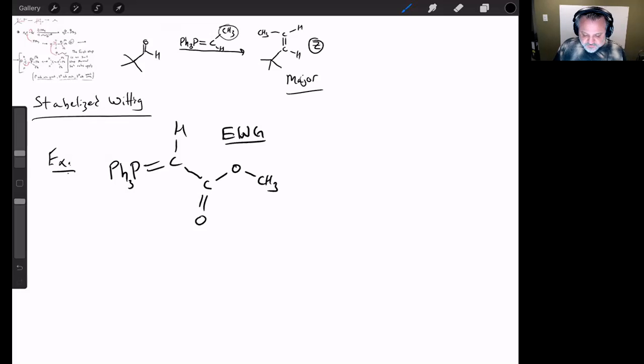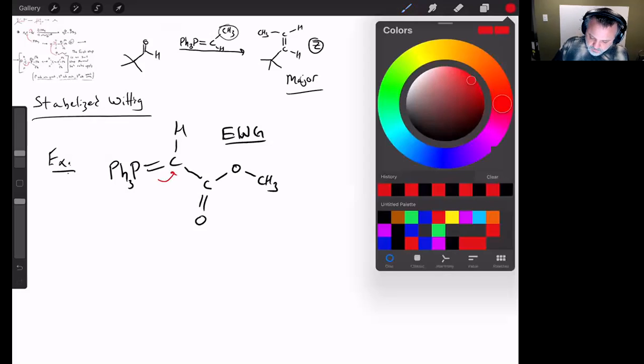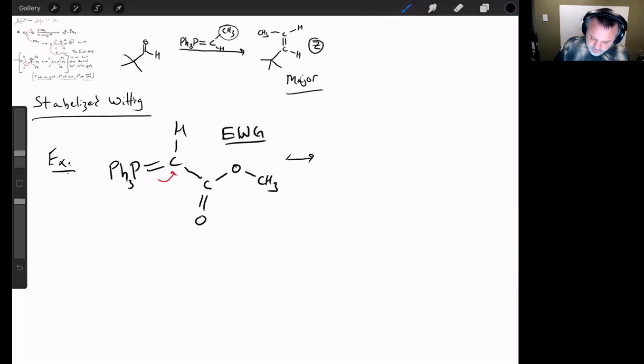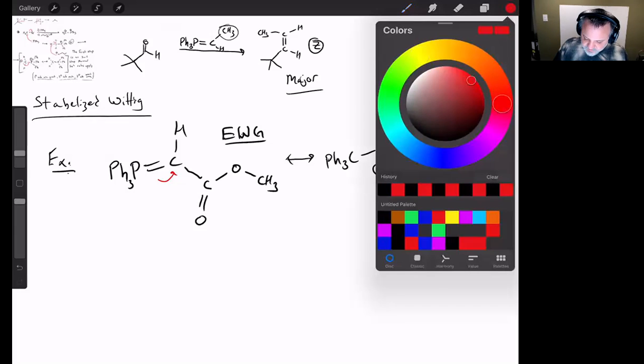If this group is attached to the carbon that is part of the Wittig reagent, then you get additional resonance stabilization happening, and this additional resonance stabilization leads to a different stereoselectivity. And so what I want to do at this moment is just show the additional resonance structure.